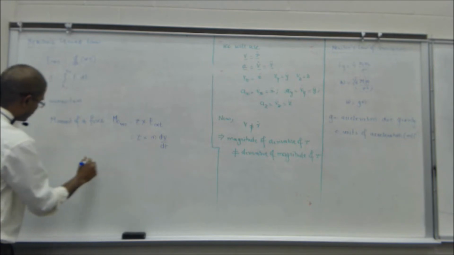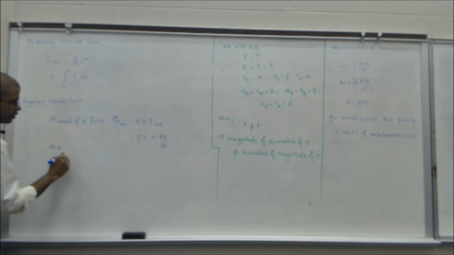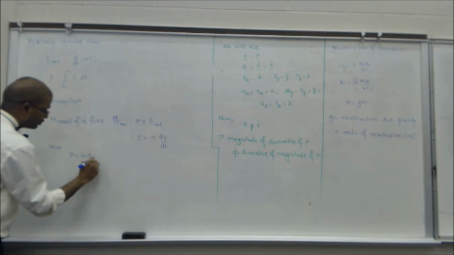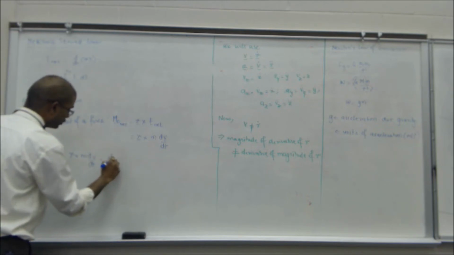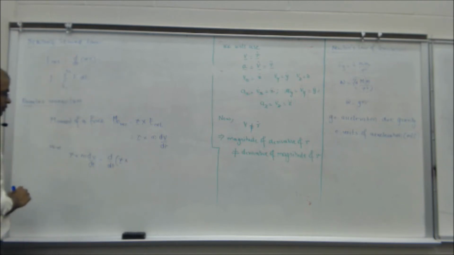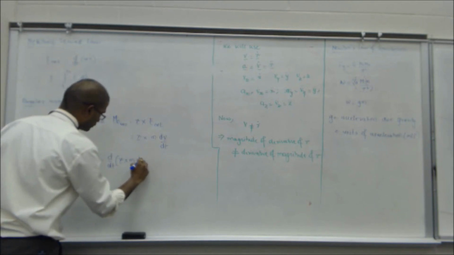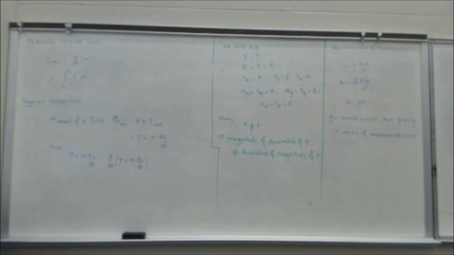So look at this. Here R cross M dV over dt is equal to d over dt of R cross M dV over dt. Okay? Make sense? No?